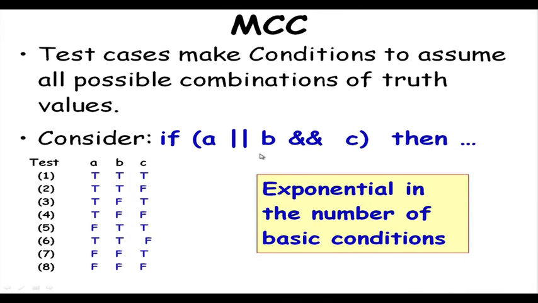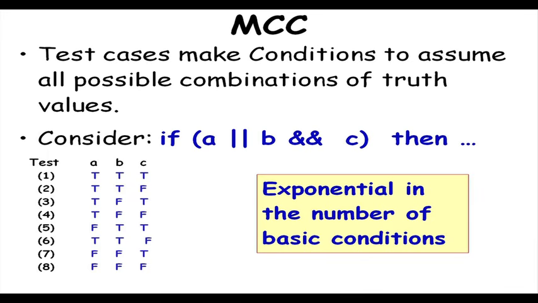And therefore, if we have 10 basic conditions, we need 1000 test cases to achieve multiple condition coverage. And if we have 20 component conditions, then we need 1,000,000 test cases.